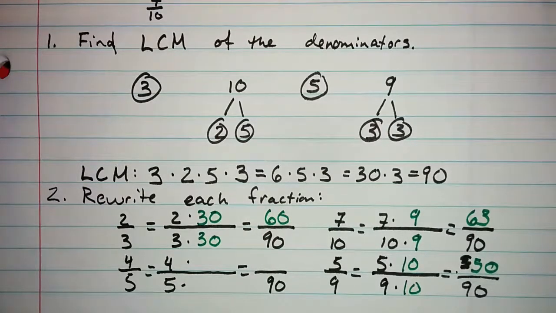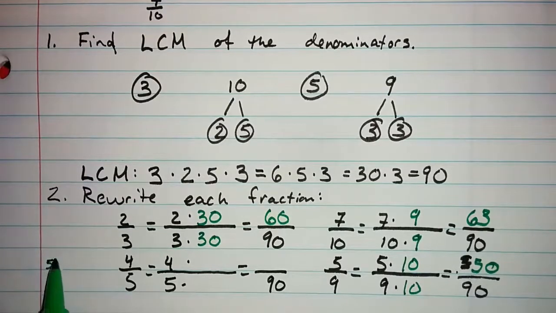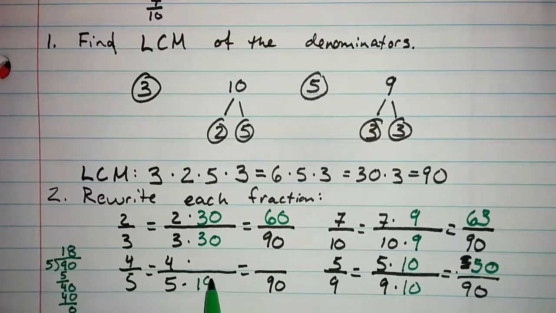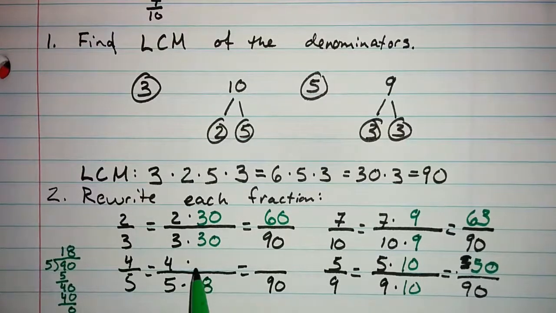And 5 times what, I can't say in my head, so I'll divide. 5 goes into 90. 5 goes into 9 once. 5 goes into 40 8 times. So 5 times what is 90? 5 times 18 is 90.